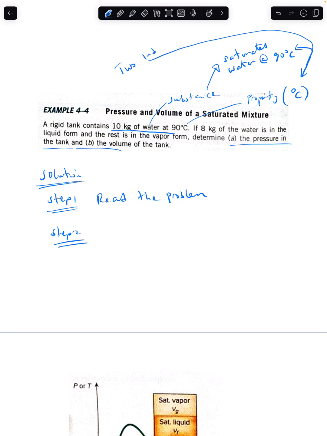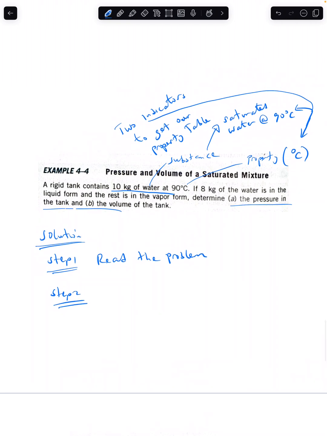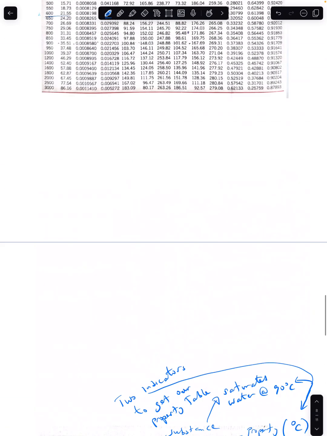So these are the two indicators to get our property table. And now go to the question and look at saturated water at a temperature in degrees Celsius and make a choice.